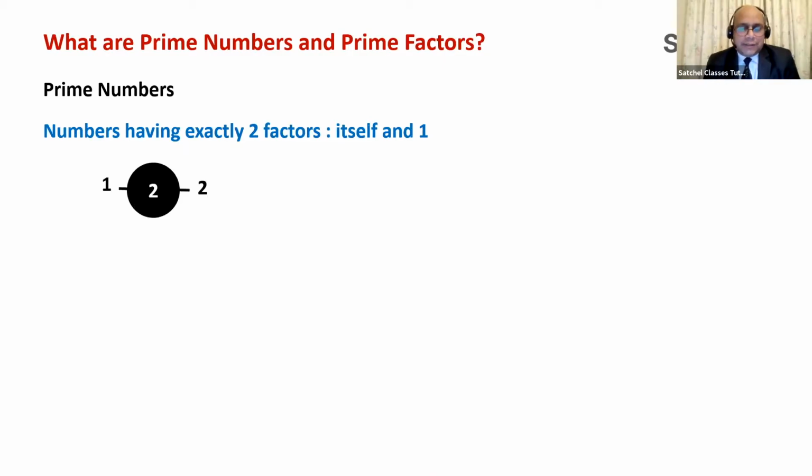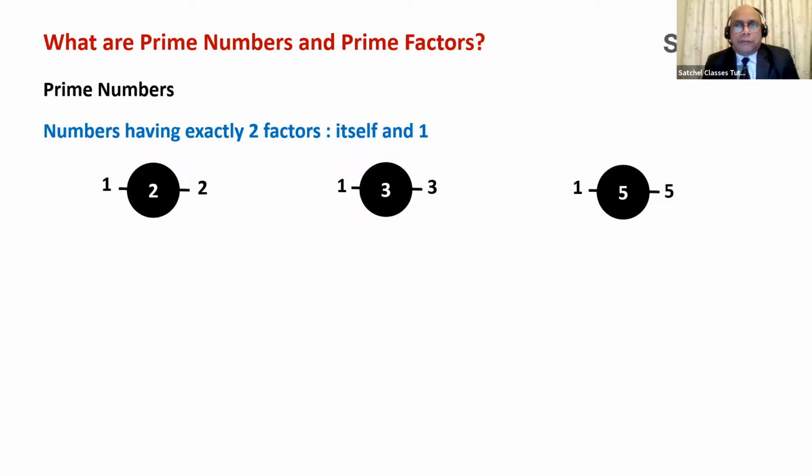Examples of prime numbers could be 2, because 2 has only two factors, 1 and 2, or 3. 3 again has two factors, 1 and 3, or 5. Once again, only two factors, 1 and 5. There are many such numbers which have two factors, and all of them are prime numbers. 2 is the only even prime number amongst them.